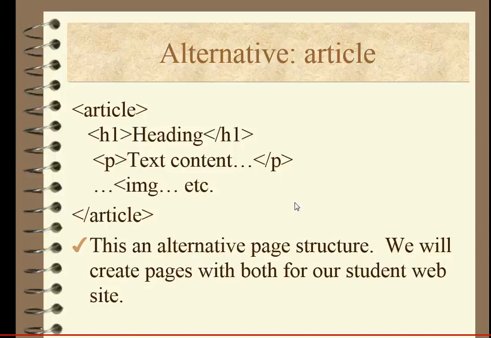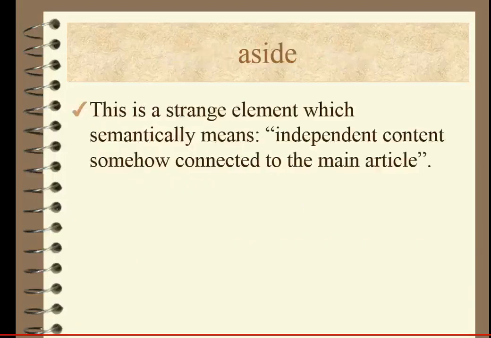So really what article is for is a high volume website like a blogging site or a news feed site where you have a lot of content. And again, you can see this semantically. You have this article and it has its own information, and then each article would have its own, okay? So we're not going to use this for our student website. We'll use the section instead. Later on, I'll show you more about this, okay?